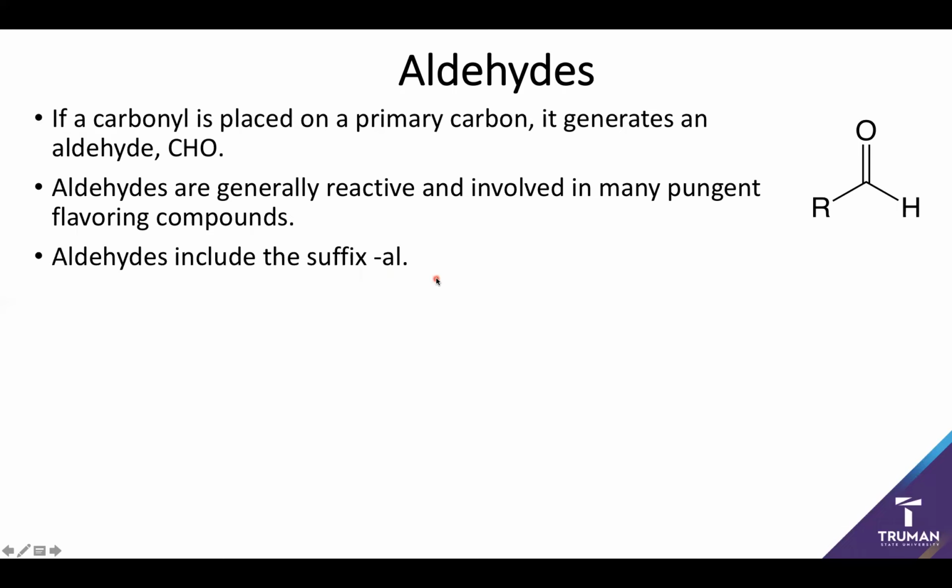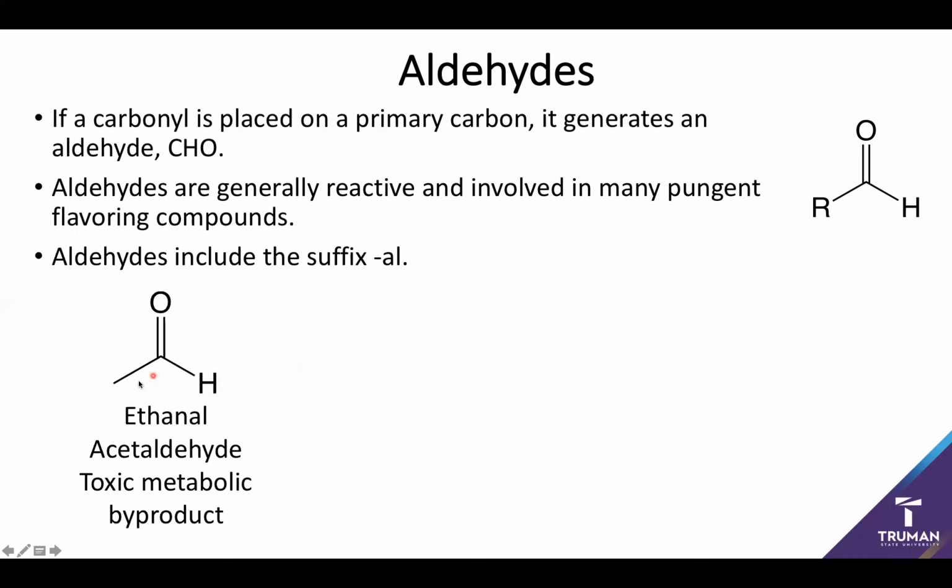So one of the ones we can start with is ethanal, 2 carbons, and it always has that aldehyde on the end. So we don't really need to reference the location of the aldehyde because we always know it's on the end. So this has the common name of acetaldehyde and is very notable as it's a toxic metabolic byproduct.